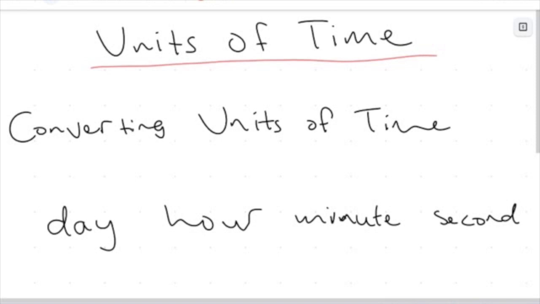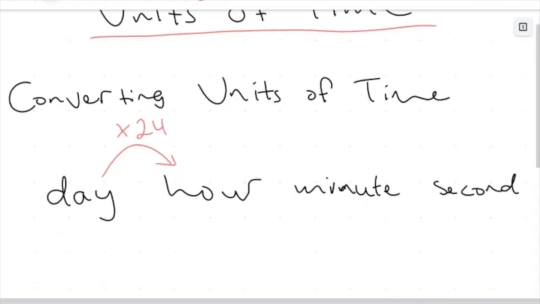If I have 2 days, that's going to be a total of 48 hours. So to get from days to hours, I'm going to times by 24. So however many days I have, to find that in hours, I'm just going to multiply that number by 24 to give me my hours.